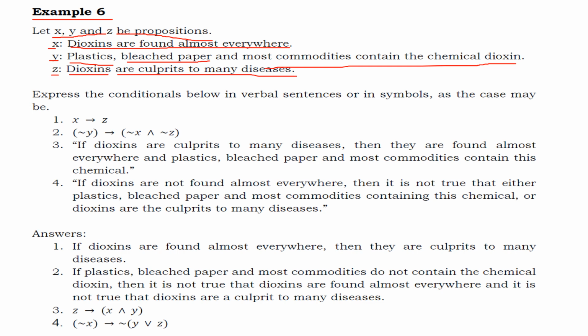Now, express the conditionals below in verbal sentences or in symbols, as the case may be. So in number 1, X implies Z, or the conditional of propositions X and Z. So we just simply copy the propositions.